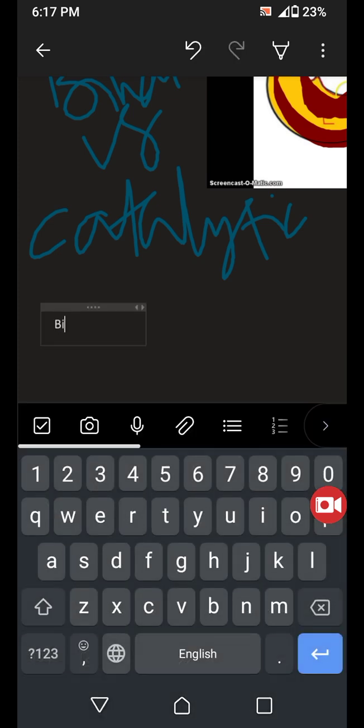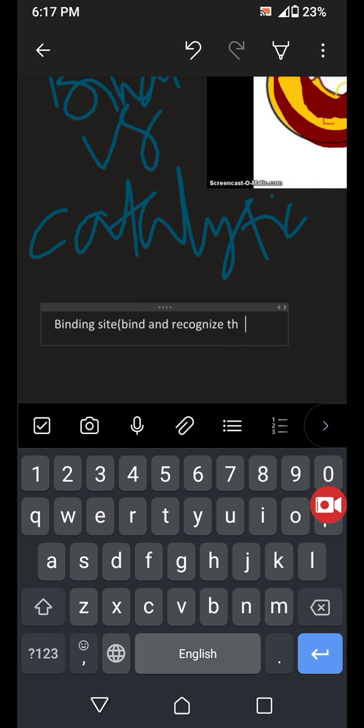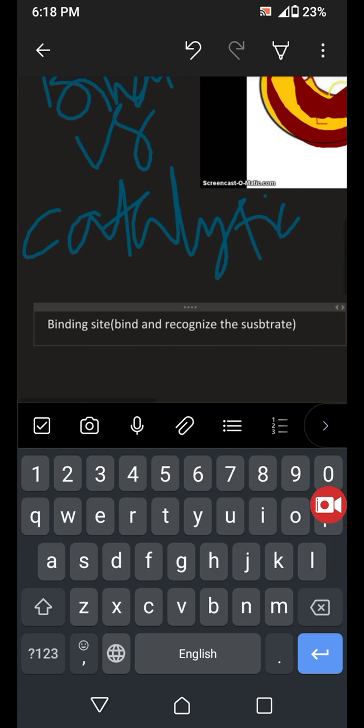Okay, in the binding site, the enzyme will bind itself and recognize the substrate.